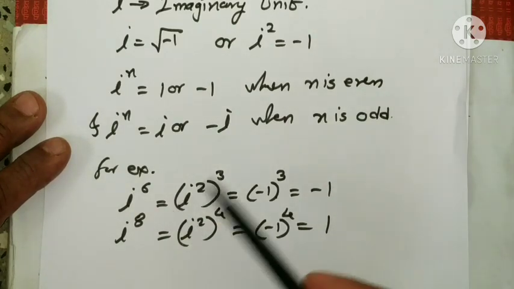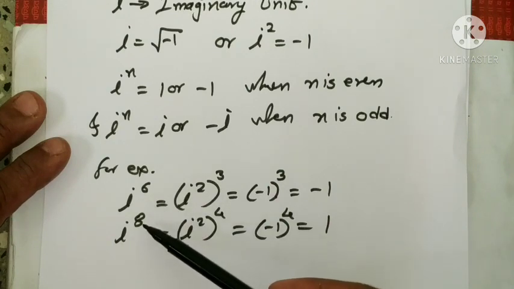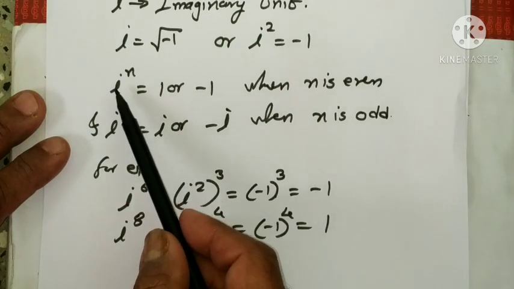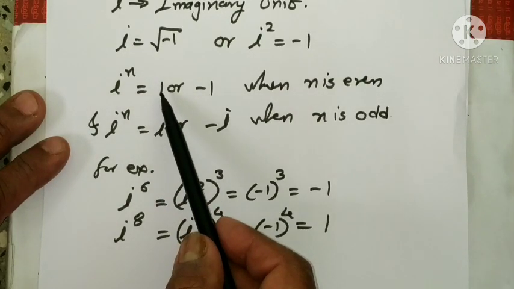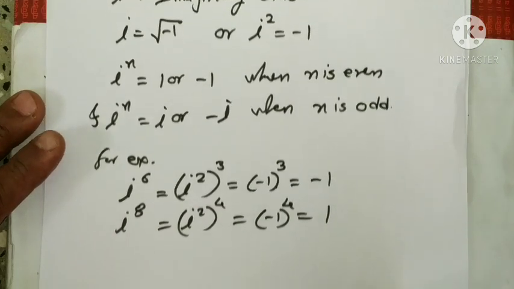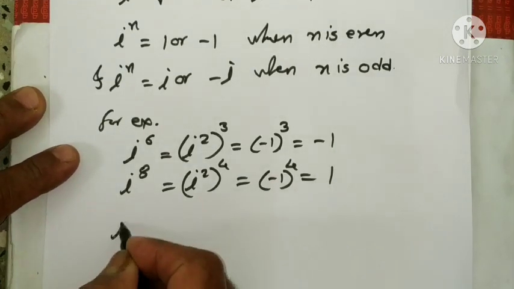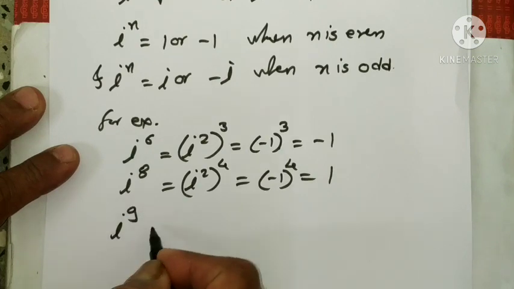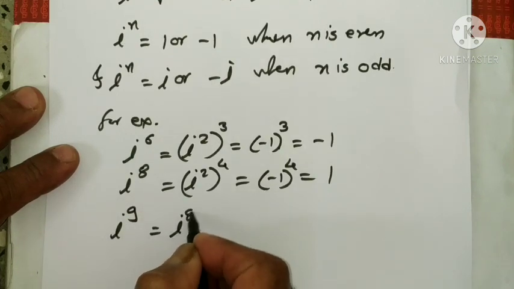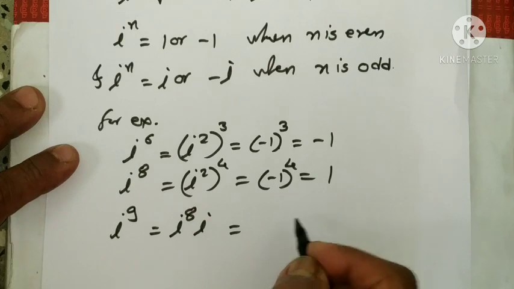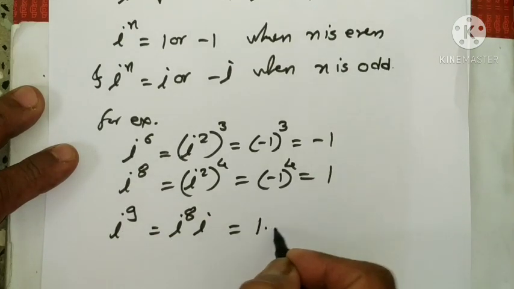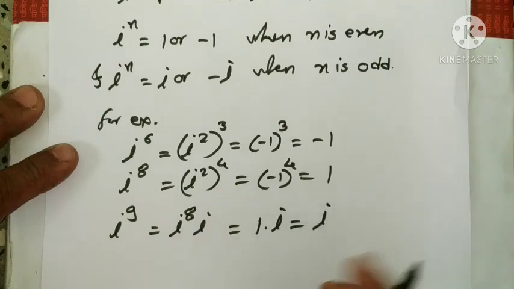When the power is even, like 6 or 8 or 10, then the value of i raised to n is equal to 1 or minus 1. Similarly, i raised to 9 is equal to i raised to 8 into i, which is 1 into i, equal to i.